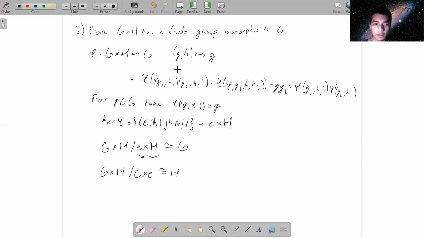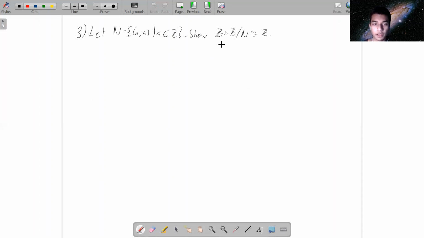Right. For our next example, we define the set N as the set of ordered pairs of integers such that both coordinates are the same. I'm going to show that Z times Z mod N is isomorphic to Z. So we want to find some homomorphism such that the set of pairs (a,a) of integers is the kernel.